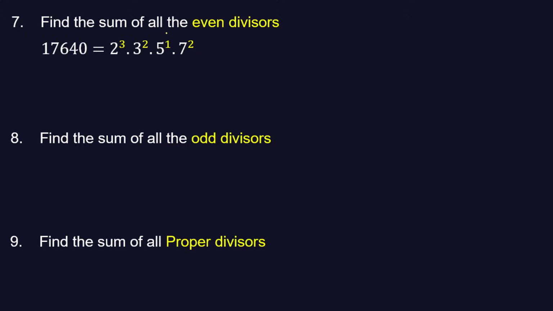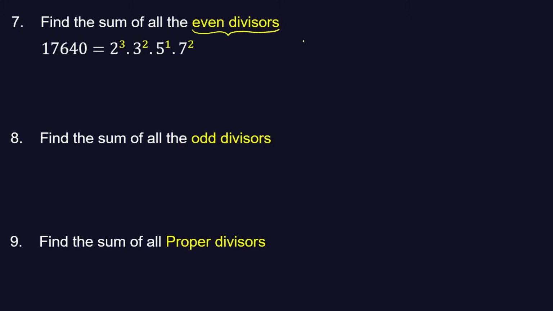They have said find the sum of all the even divisors. So to find the sum of all the even divisors, our first task is to find what the even divisors are. The moment we get the even divisors, we can easily add them up.